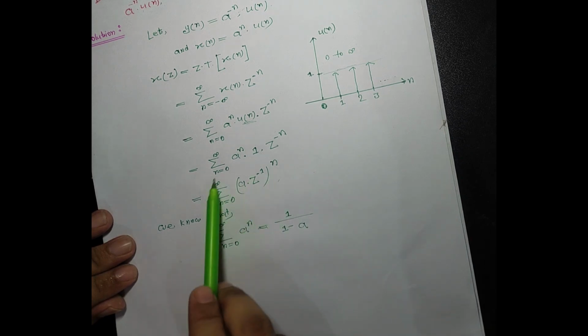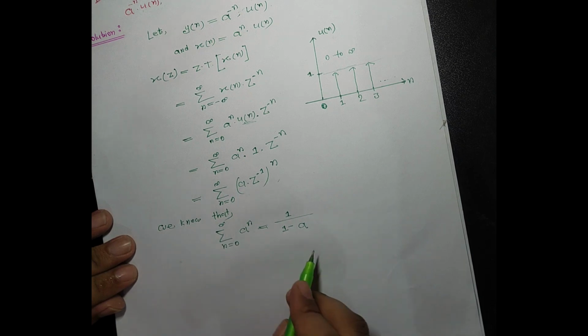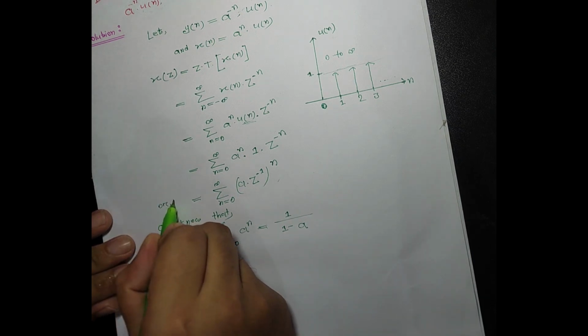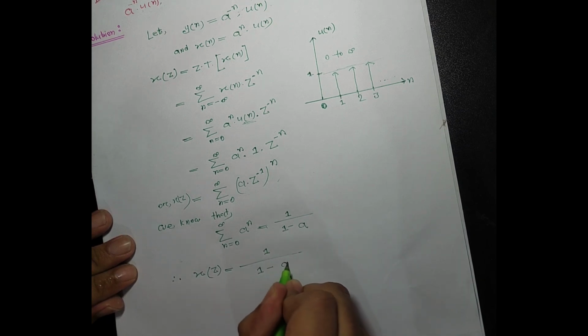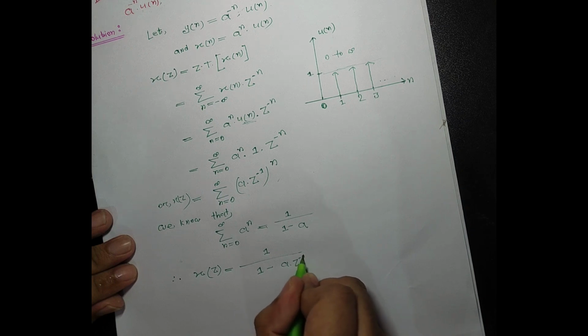That means we can write this equation X(z) equal to 1 by 1 minus a z inverse.